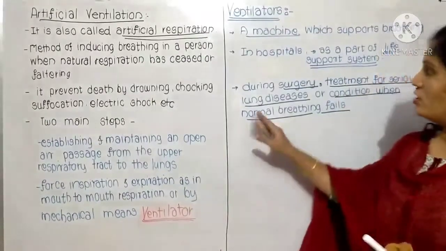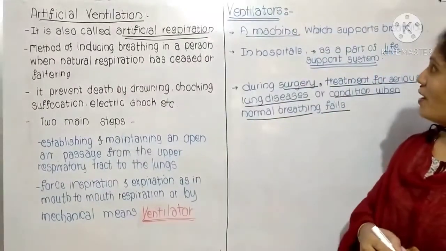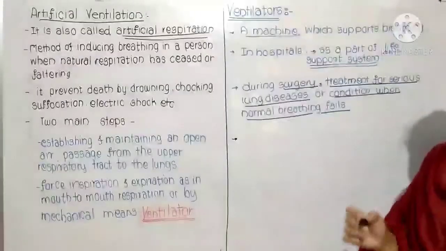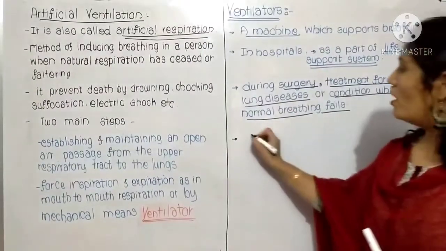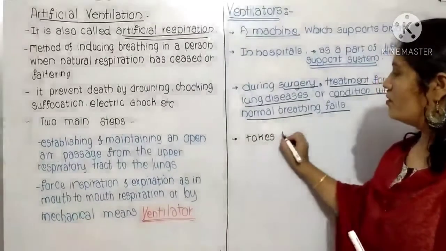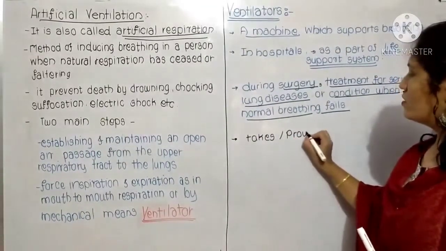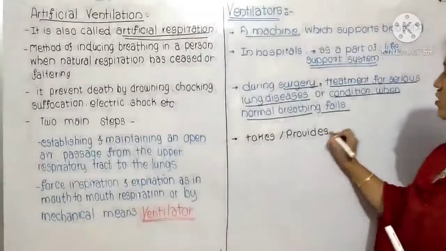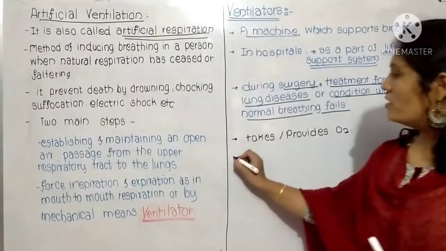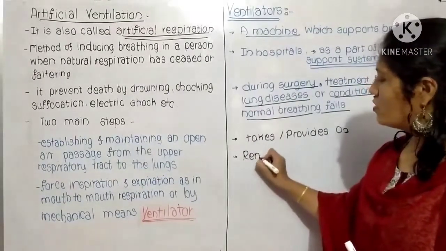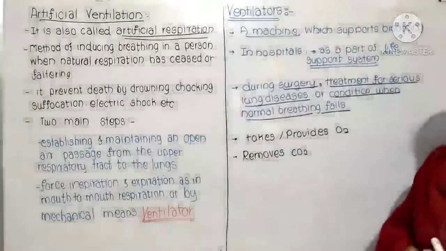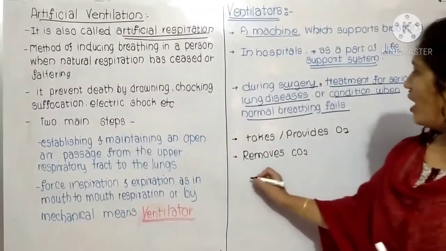So this is the use. Now what are the functions of these ventilators, what exactly is the ventilator doing? The ventilator provides oxygen to the patient, and it removes carbon dioxide from the respiratory tract of the patient.